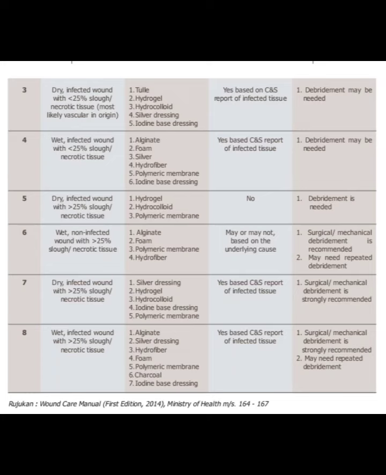Alginate, silver dressing, hydrofiber, foam, charcoal, or iodine-based dressing can be used for this wound. Antibiotic, yes, based on C&S and infected tissue report. And surgical or mechanical debridement is strongly recommended for wound type 8.